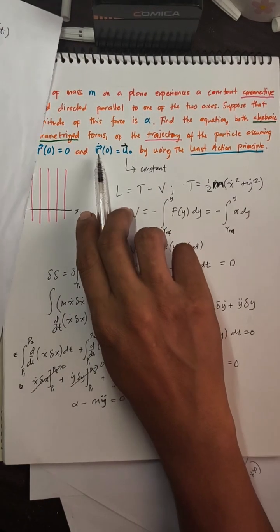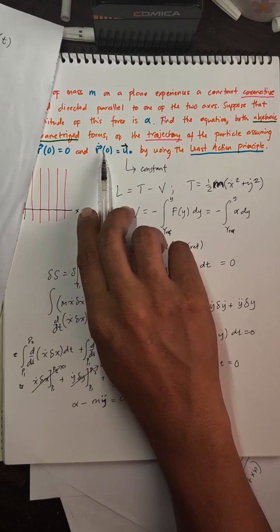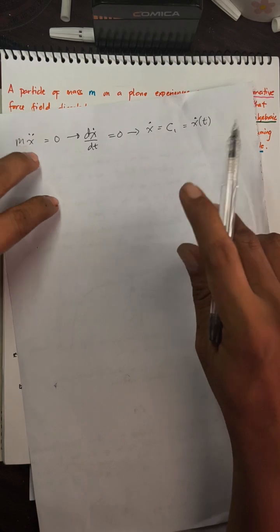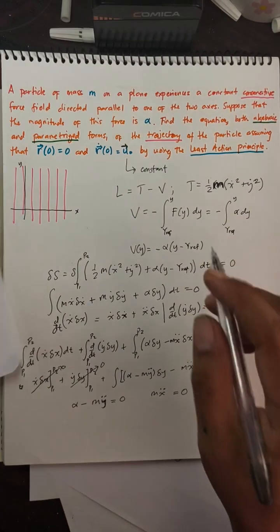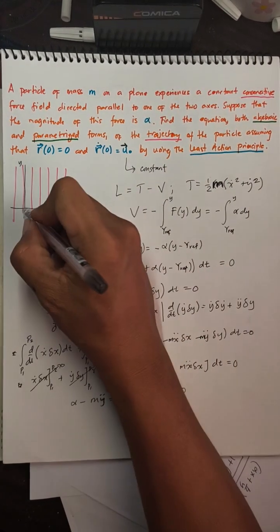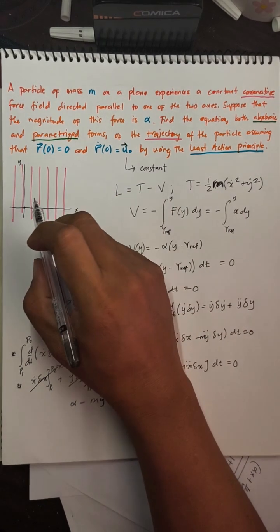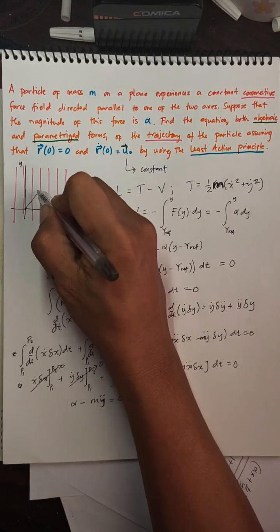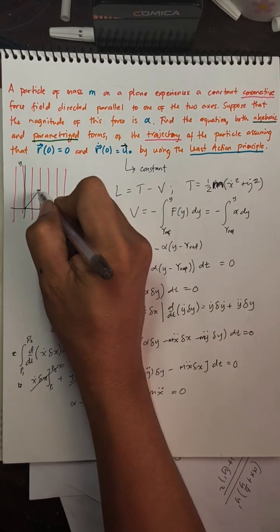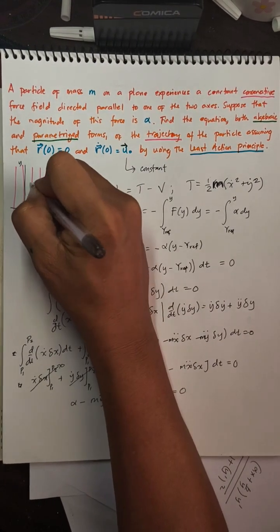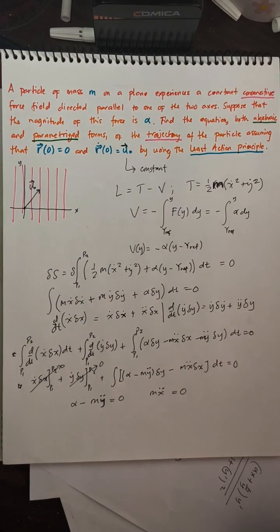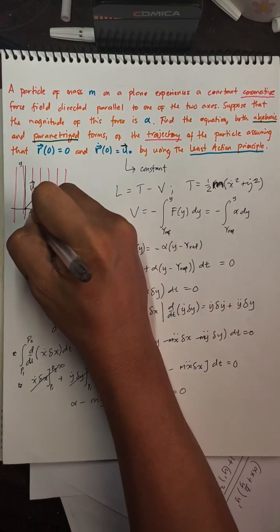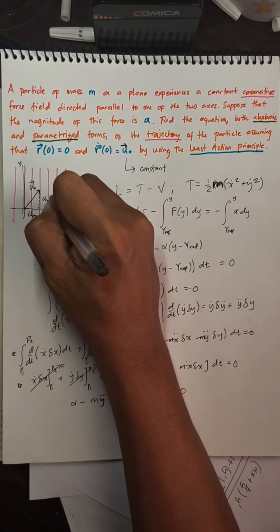What's the boundary condition? R dot of 0 is equal to u naught initially. Now let's analyze this u naught. We are here at r at t equals 0, and u naught is this vector here. This will be our initial velocity, meaning that here this is u naught x, and that would be u naught y.